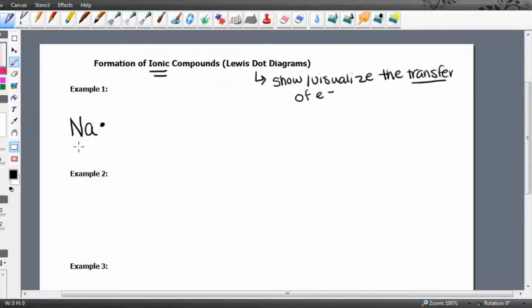You also know that sodium is a metal. Let's also draw chlorine, since chlorine is what the sodium is going to be bonding with. Chlorine is in group 7, which means it has 7 valence electrons. And chlorine is a nonmetal.